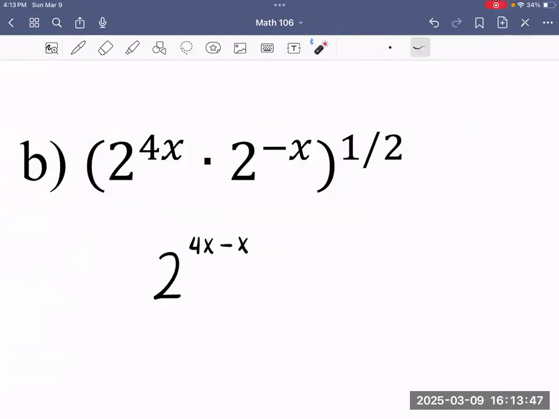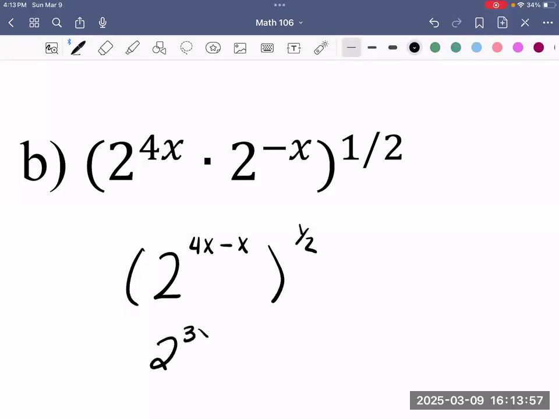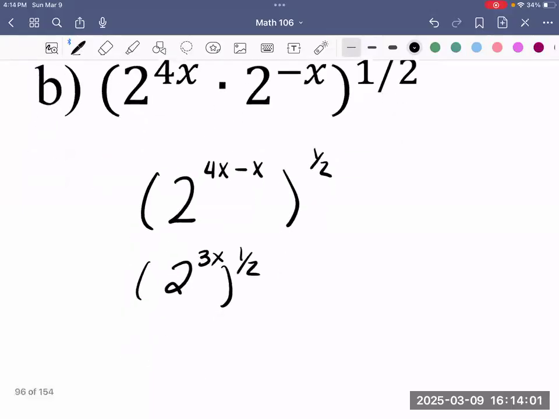In this case, it's going to look like subtraction because your x value is negative. So you have 2 to the 3x to the 1/2. And now you can combine your 3 times your 1/2 to be 2 to the 2/3 x.